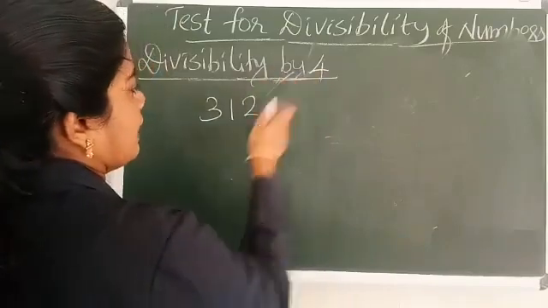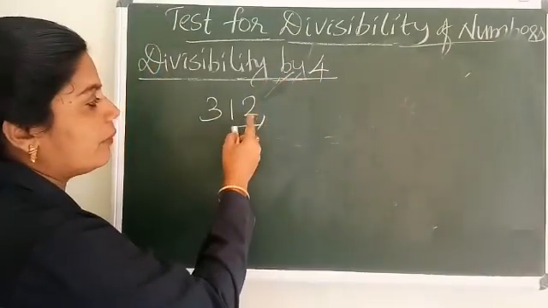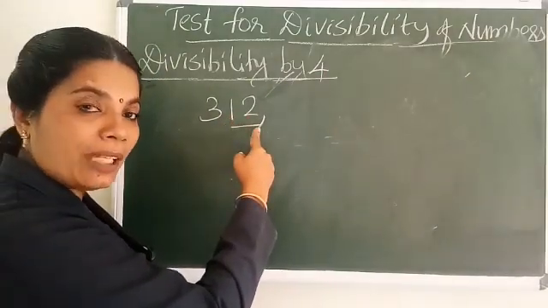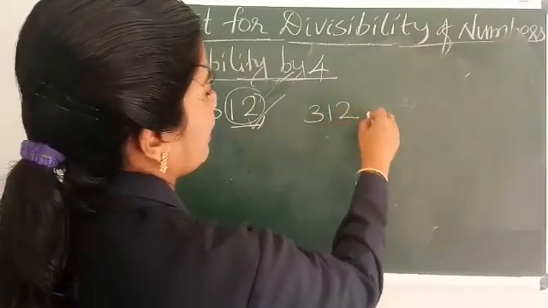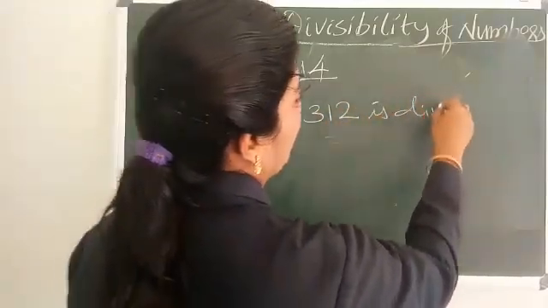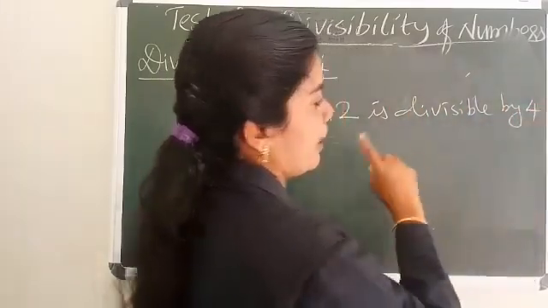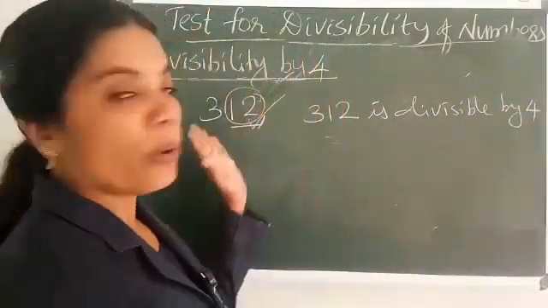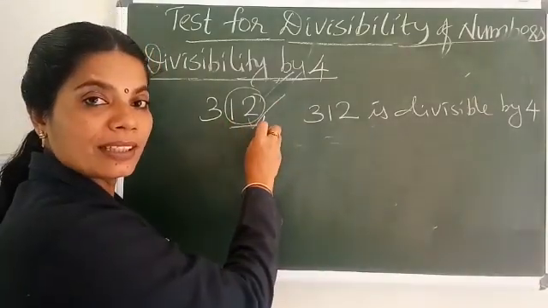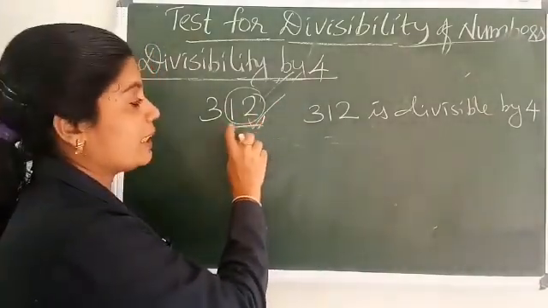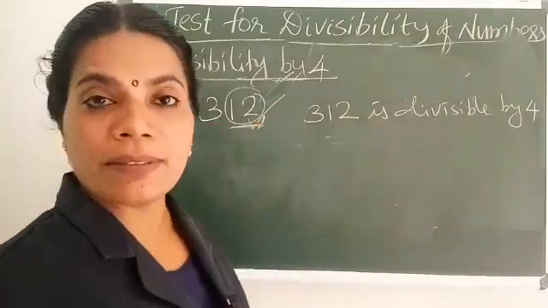Let's check. The number ends with the last 2 digits, 12. 12 is divisible by 4. Therefore, 312 is divisible by 4. That is, for a number with 3 or more digits, we take the last 2 digits, and if that number is divisible by 4, then the given number is divisible by 4.